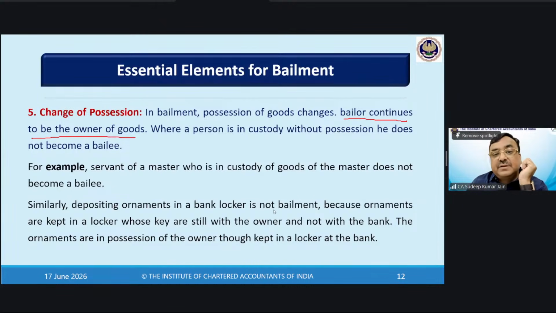Where the person is in custody without possession, he does not become a bailee. If he has the custody, but has no right to use, that is not a bailment. Example: a servant of a master who is in custody of the master's goods does not become a bailee.